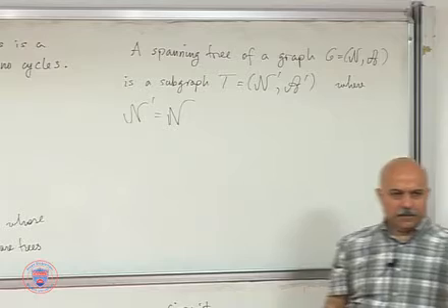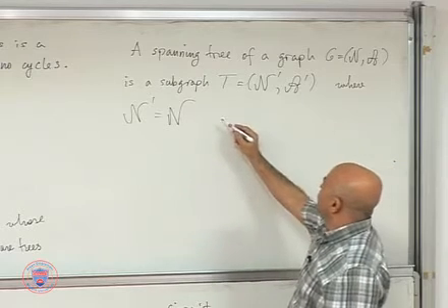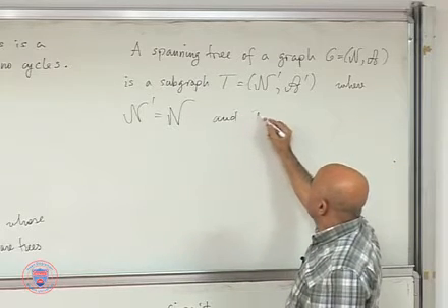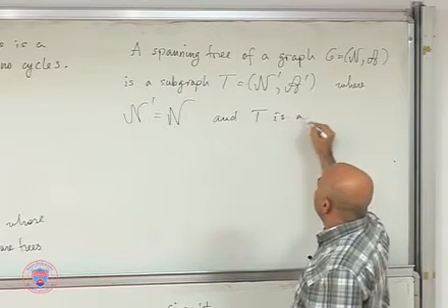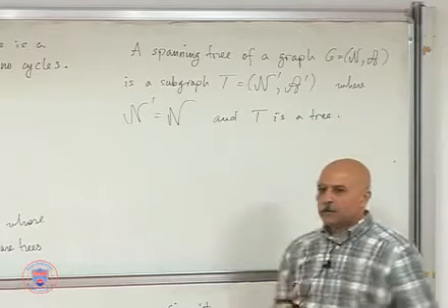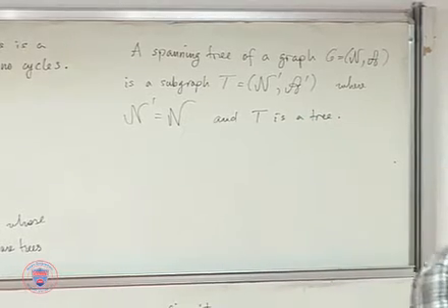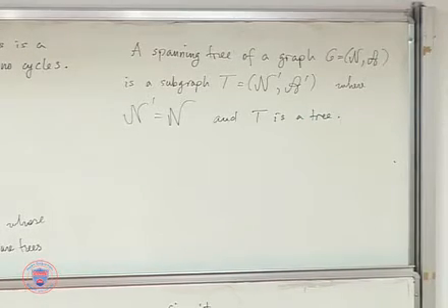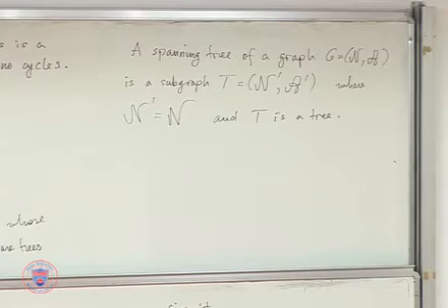So it's a spanning subgraph, and T is a tree. So any subgraph that is a spanning subgraph, which also has the property of being a tree, is a spanning tree. Okay?